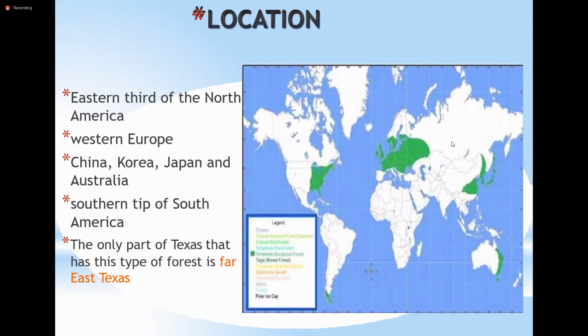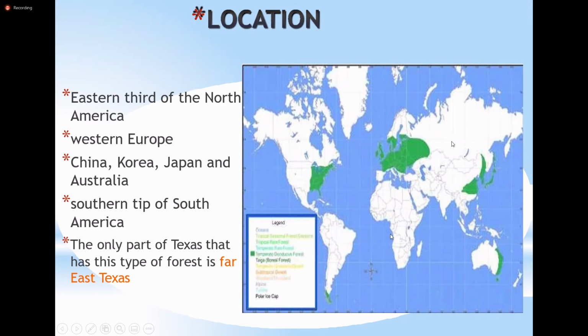In the eastern third of North America, you can see here, they are prominent over a large area, somewhere near Miami, Florida. And if you see, they are in the European area also. And the eastern front of China, Australia, and some are at the tip of the South American continent.